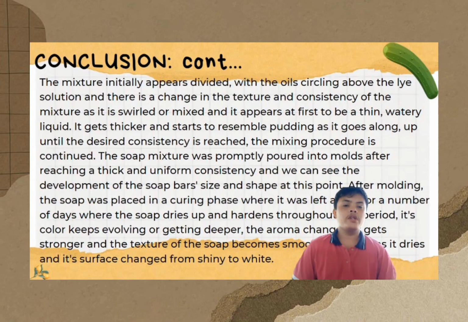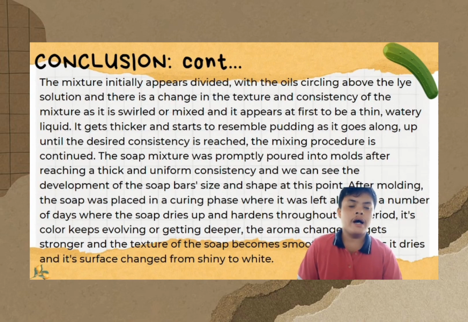Upon mixing the lye mixture and the oils, the mixture initially appears divided, with the oil circling above the lye solution, and there is a change in the texture and consistency of the mixture as it is swirled or mixed. It appears to be a thin watery liquid.